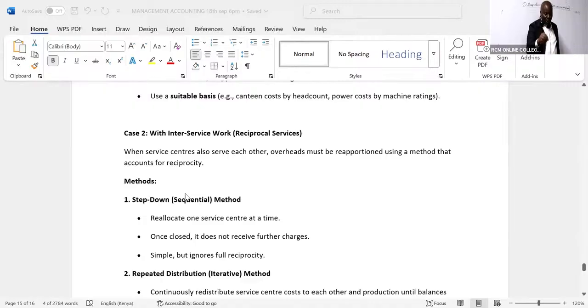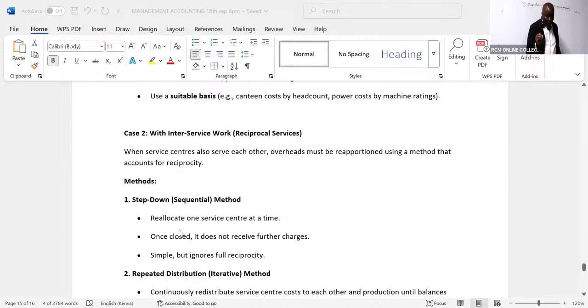Dash 1, after writing number 1: reallocate one service center at a time. Second dash: once closed, it does not receive further charges.